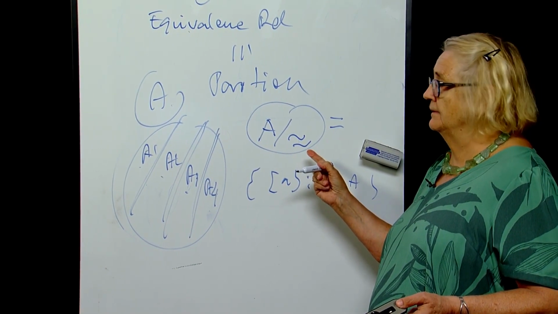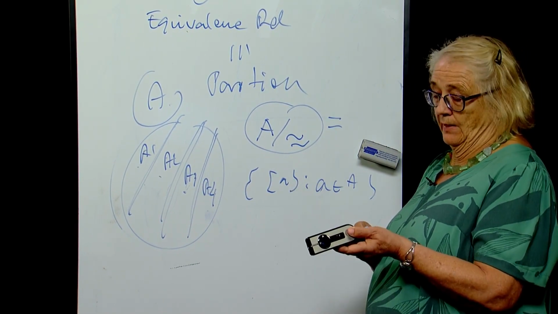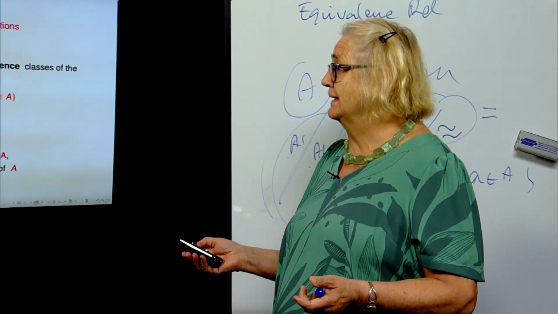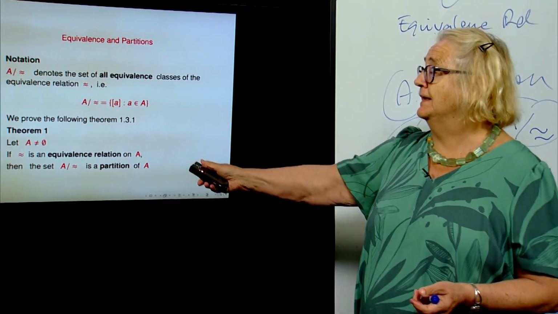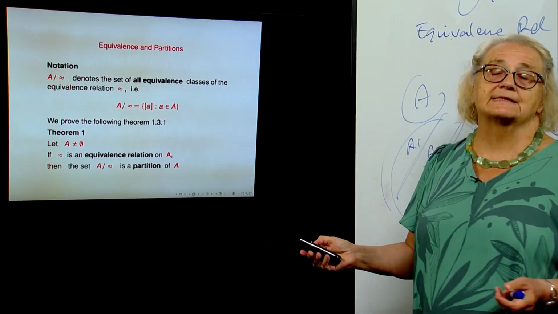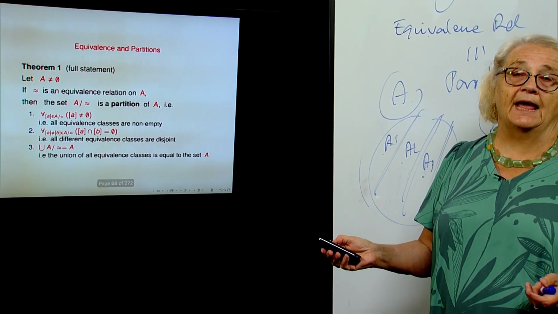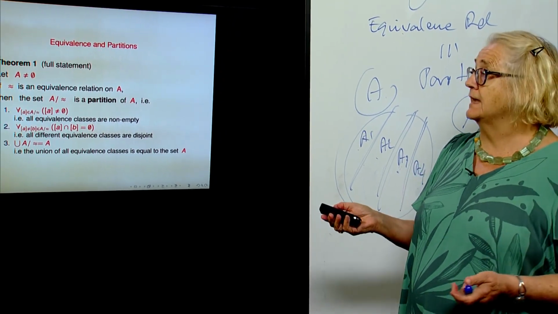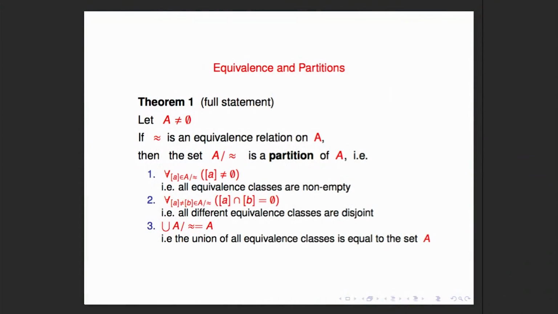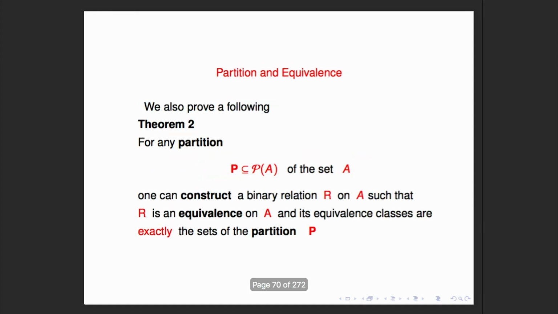So this is the quotient set. And we prove a very nice theorem, that first, if you have an equivalence relation, the set of all equivalence classes forms a partition of the full set. So if A is an equivalence relation, then the quotient set is a partition, it has all the properties, and you can prove it.